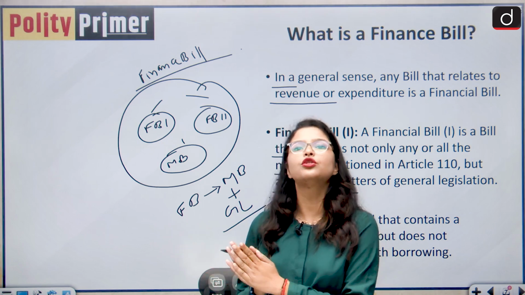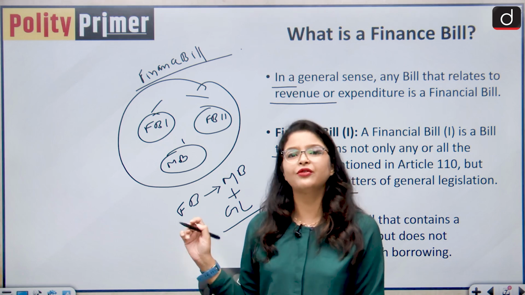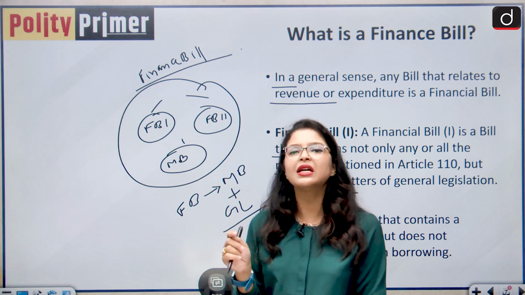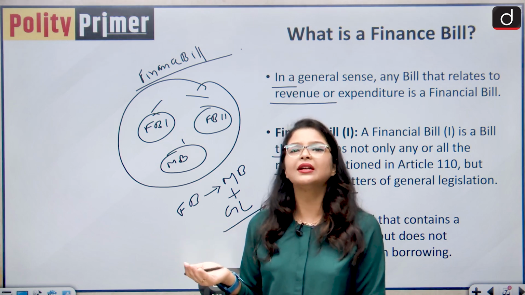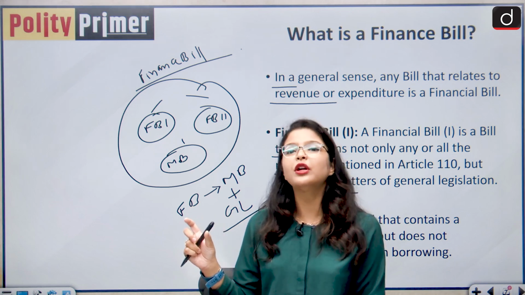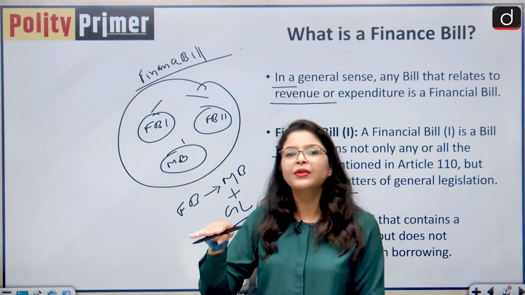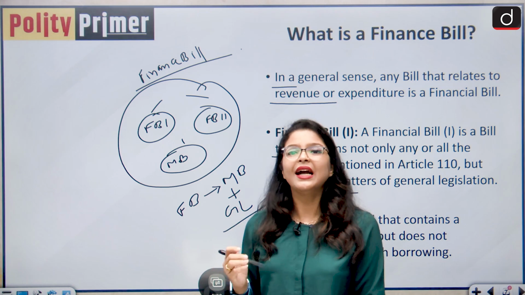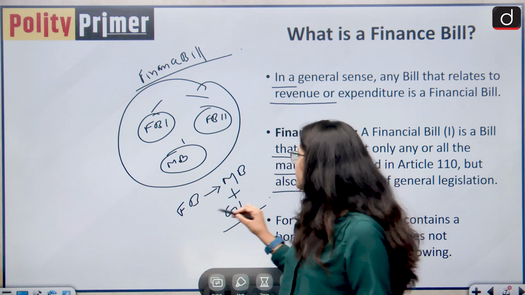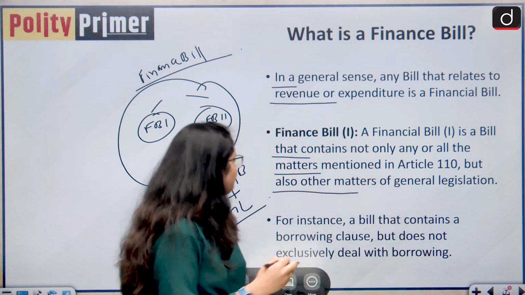When it was introduced in the parliament, it was introduced under financial bill category 1, because not only did it deal with imposition of cess, it also enumerated how that cess will be collected, what the cess will be, and for what purpose the cess collected will be used. All of these were enumerated in that bill, and that is why it is known as a financial bill of category 1. So in simple terms, financial bill of category 1 is money bill plus general legislation.